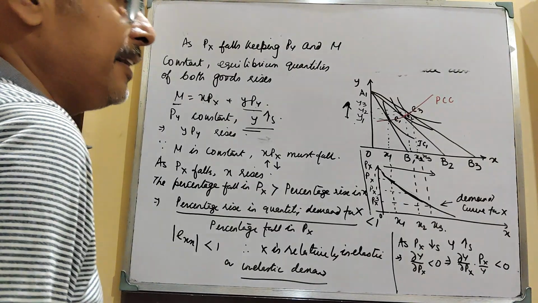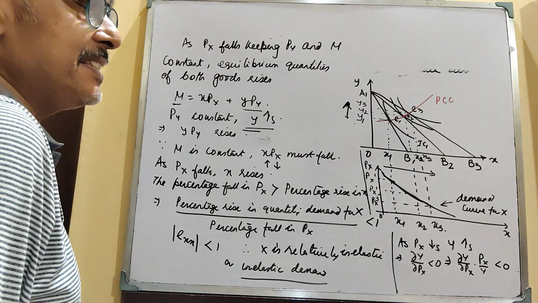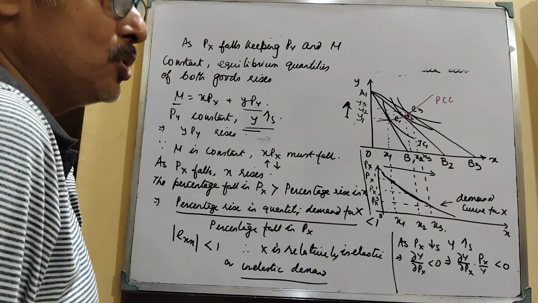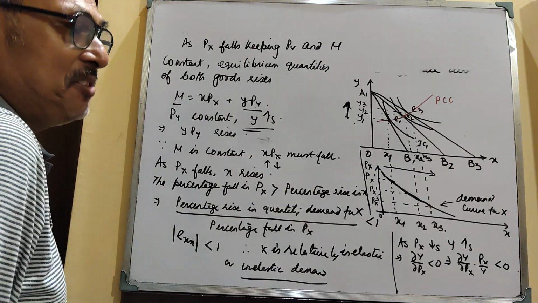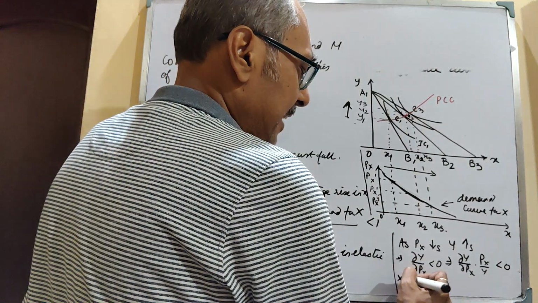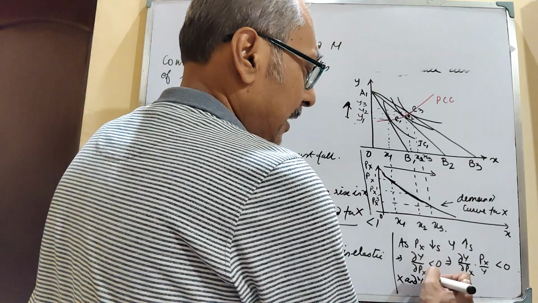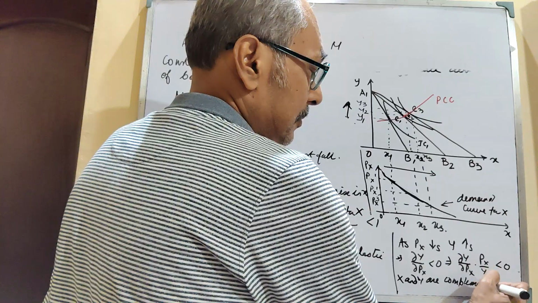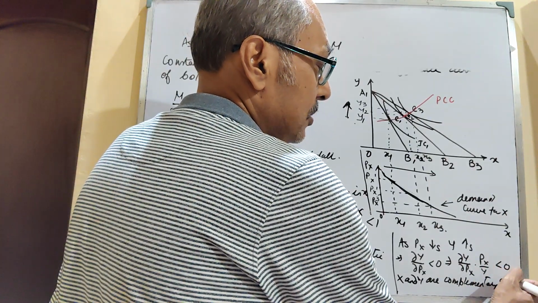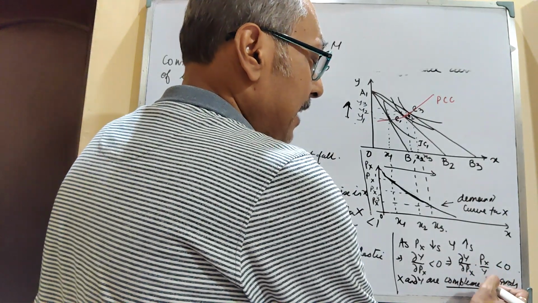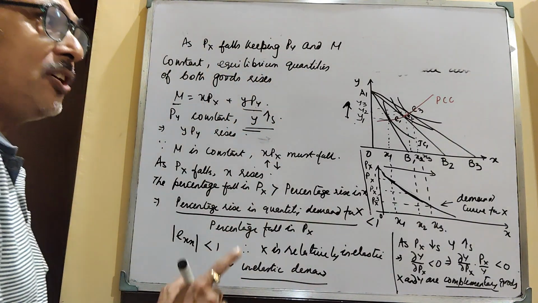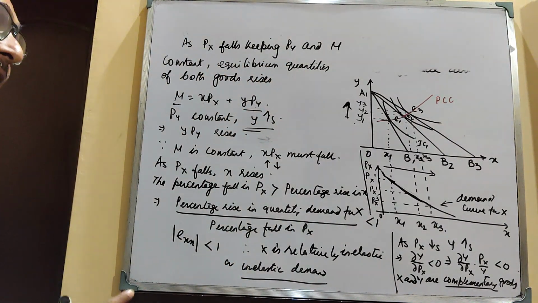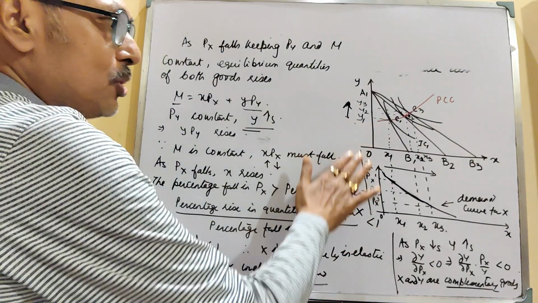X and Y are complementary goods. Cross price elasticity is negative means X and Y are complementary goods. X and Y are not perfect complements. This is not the example of perfect complement. Here X and Y are simply complementary goods. I hope everybody understood this part.